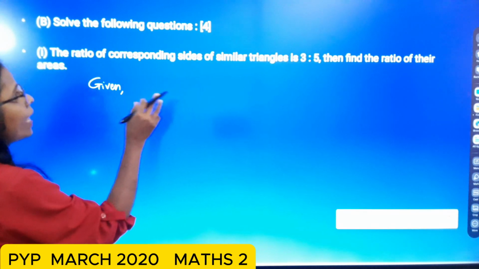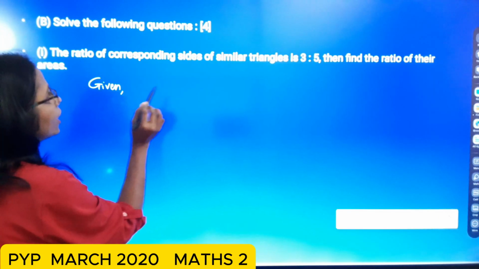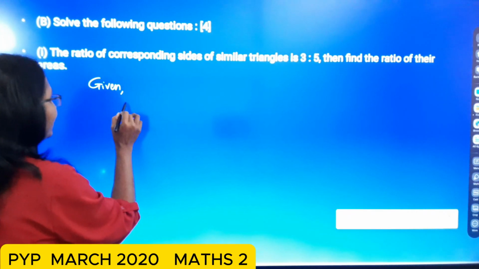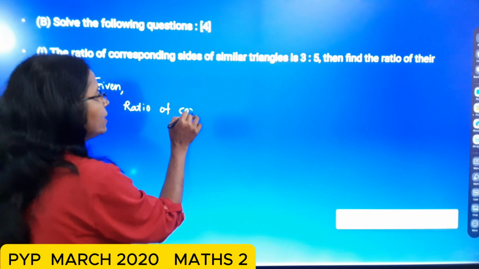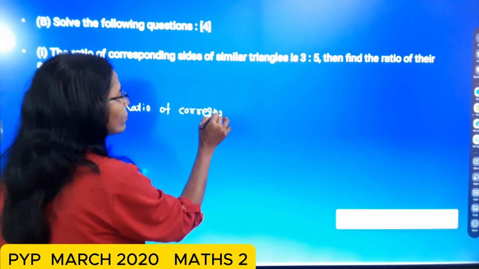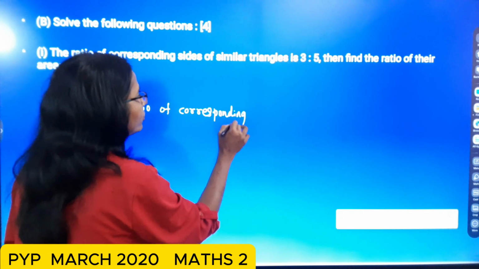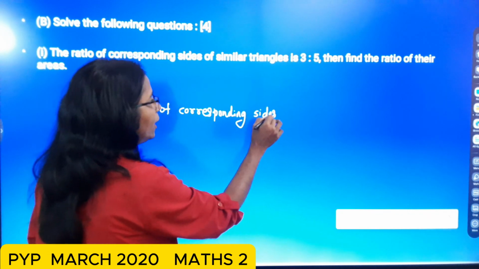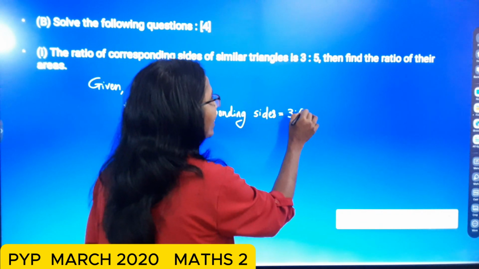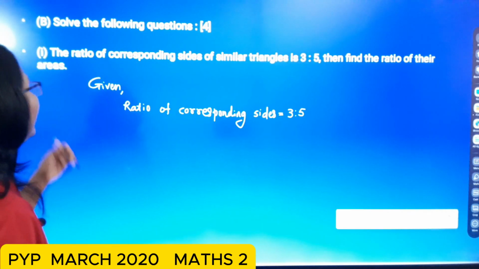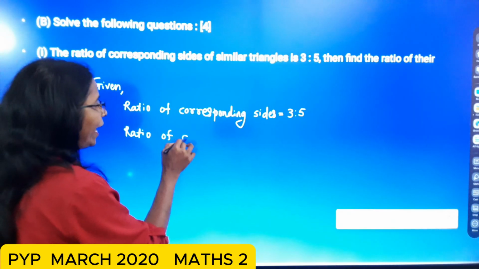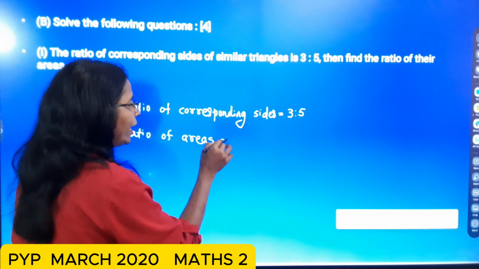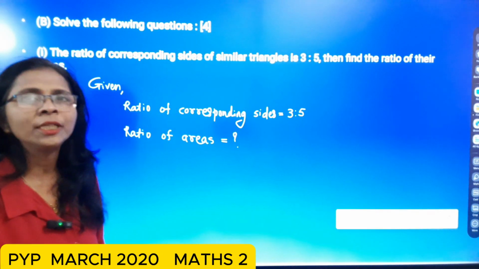Here given is that the ratio of corresponding sides is equal to 3:5. And then find the ratio of their areas. Then here we write that ratio of areas is equal to question mark.